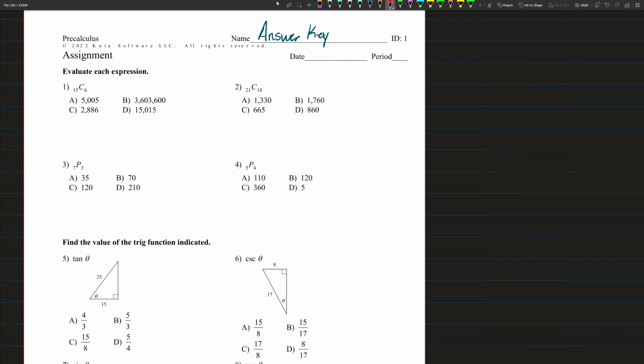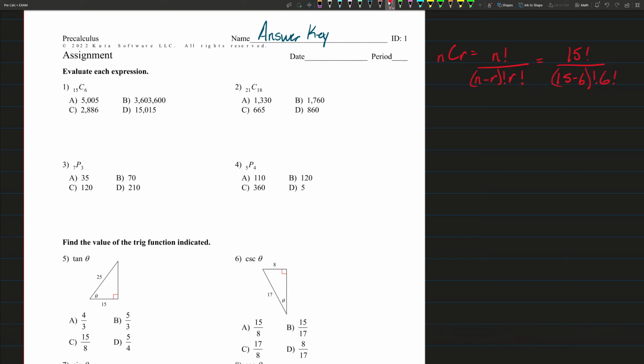Anyway, number one and number two have to do with combinations, right? Whenever you see something in the form nCr, that's going to be n factorial over n minus r factorial times r factorial. If we had to show our work, we would set up 15 factorial over 15 minus 6 factorial times 6 factorial.